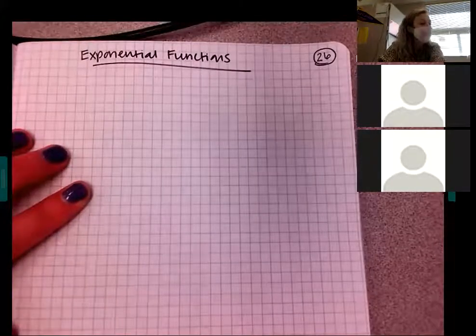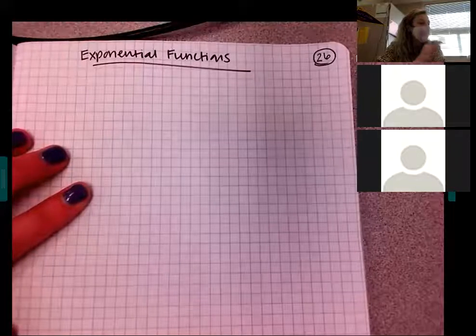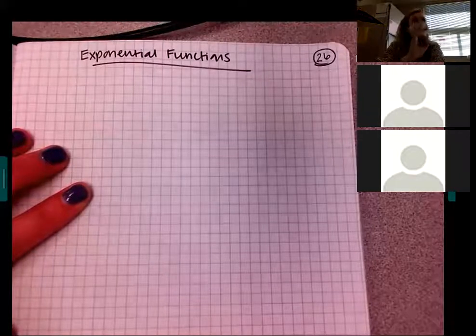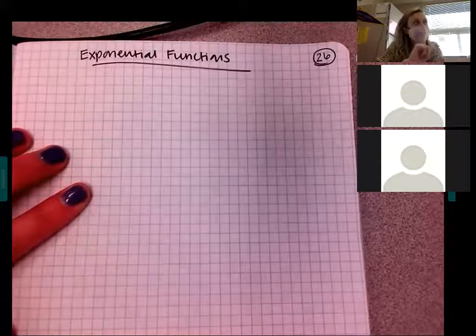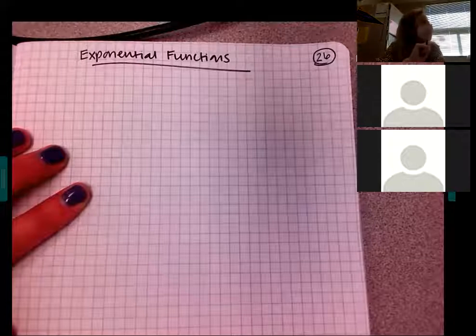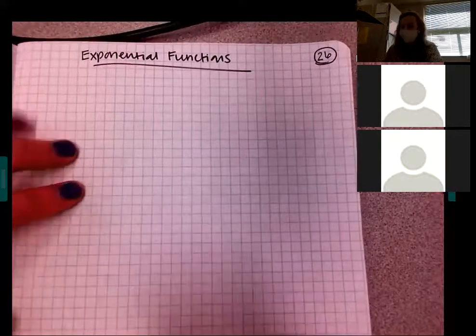All right, exponential functions. What did we just say in the vocab? Exponential functions will have what kind of pattern? You can look at your sheet if you need to. Good job, Tay. Multiplying. So this is what we're going to do first.